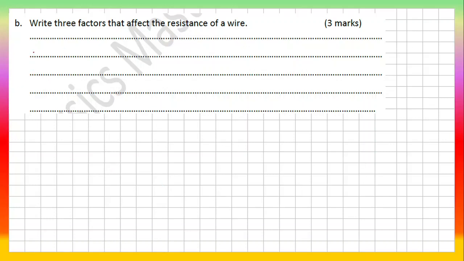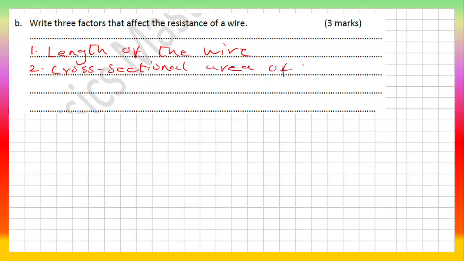Okay, the next one we're being asked to write 3 factors that affect the resistance of a wire. Factors affecting the resistance of a wire. So length, good, of the wire. The next one we will have the cross-sectional area of the wire.